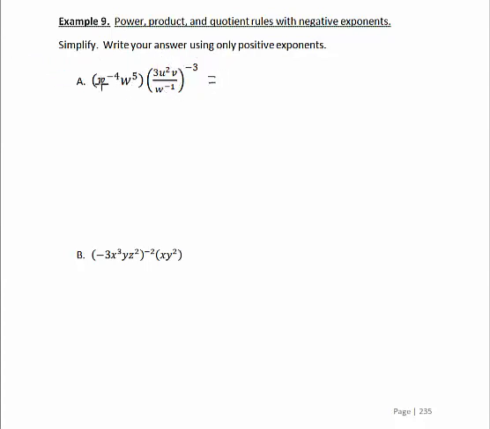Alright, so nothing's going to happen with this v to the -4 and this w to the 5th power. We're going to leave it alone for now. What we will do is change the -3 to a positive one, and we'll flip the fraction inside that set of parentheses.